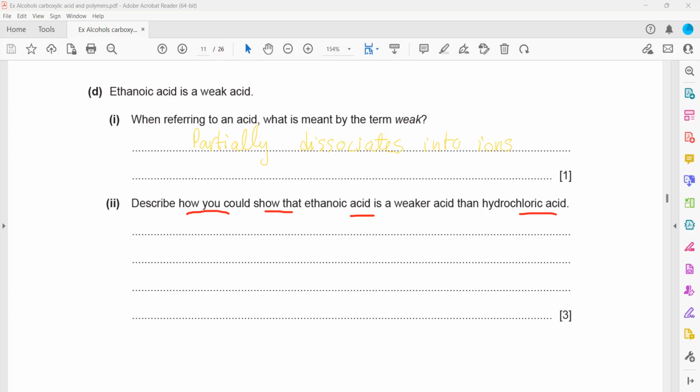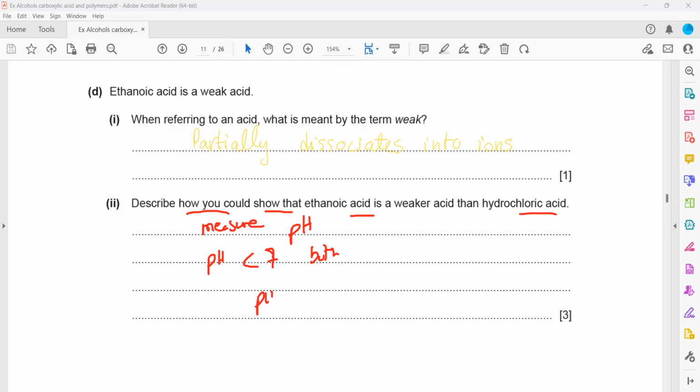For example, if you mention the pH, 1 mark is for measuring the pH using a pH meter. The second mark: since both of them are acids, the pH will be less than 7 for both, but for hydrochloric acid it will be lower than that of ethanoic acid.